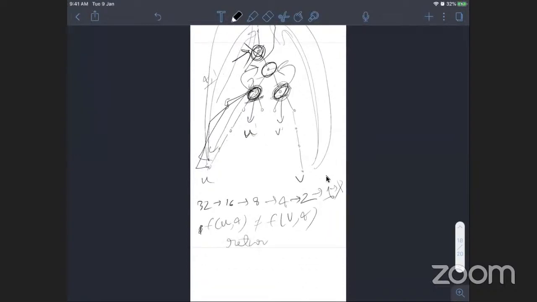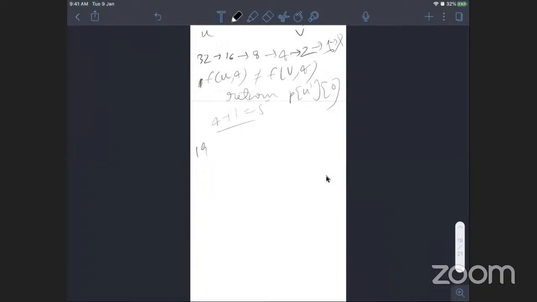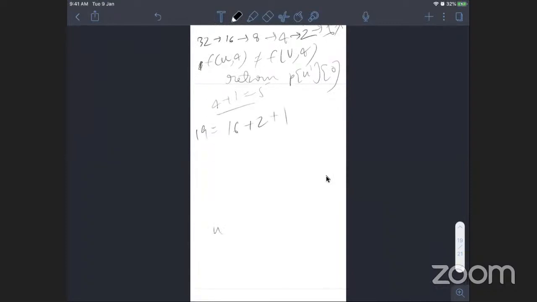Right now I picked a very cute value, which was like 4 plus 1, 5, the difference being 5. Let's say you picked some other value. Let's say you picked, I don't know, 19, which is like 16 plus 2 plus 1. What will actually happen is you will be here, we will be here. And the distance till the LCA is 19, right? This is the LCA. When you do a 32 jump, you'll exceed this, so you won't make that jump.